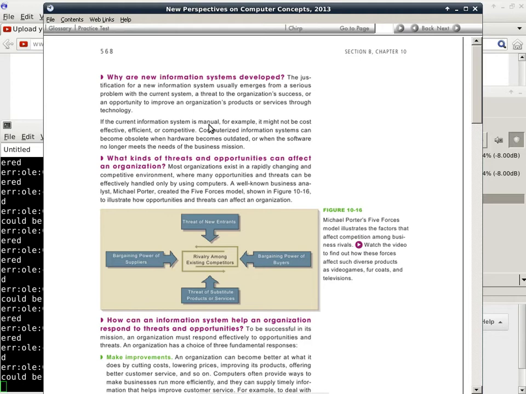The state is not giving them as much money as before. They cannot hire as many people as before, and for the most part, they don't have as many books as before, because people are shifting to ebooks and other types of publications. But still they need to streamline how they spend the money. And an information system, even though it can be expensive for the first few years, down the line it can be inexpensive.